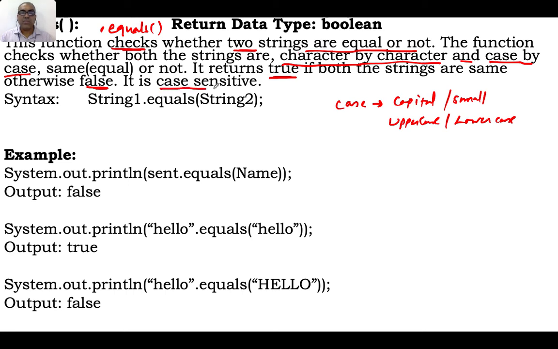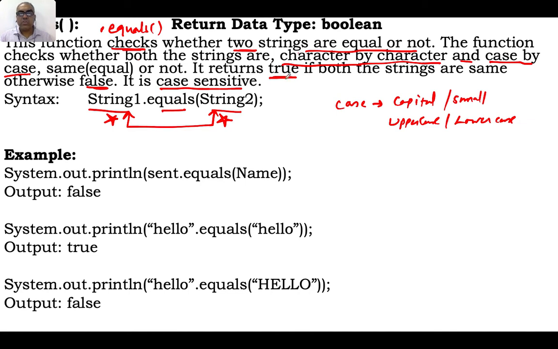It's case sensitive, it will consider capital and small letters separately. So the syntax here is string1 dot equals string2. Whatever we write here is considered as string1, whatever we write here is considered as string2. The computer will make a check between them. If both of them are character by character and case by case same, the return value is true, otherwise false.